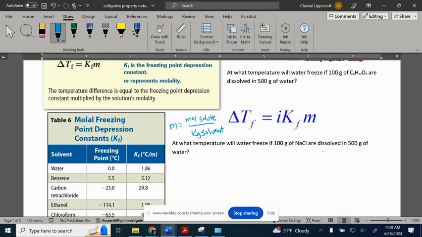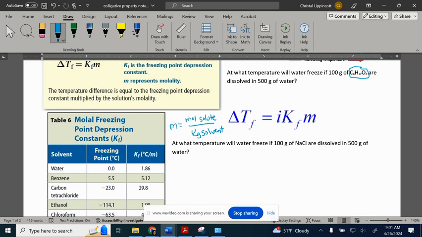Okay. So here is our problem that we're given. At what temperature will water freeze if we have 100 grams of glucose dissolved in 500 grams of water? So we are going to figure out our interference factor. This is a molecular solid. So what's the interference factor for any of the moleculars? 1.